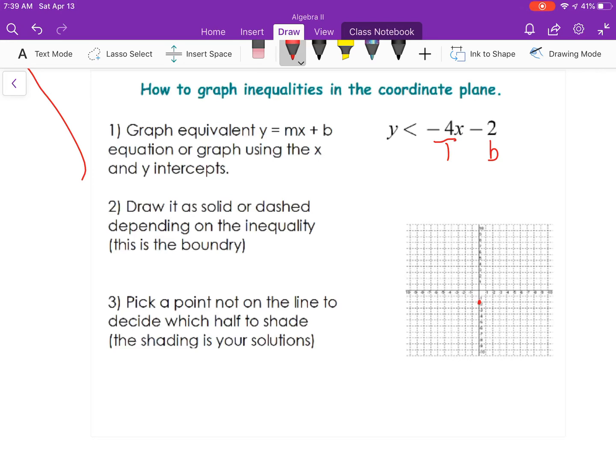So that should be at about -6, 1. Or I'm going to go up 1, 2, 3, 4 and over to the right one. All I'm doing is using a slope of rise over run, where rise is down because it's negative, and run is to the right one because of positive 1.